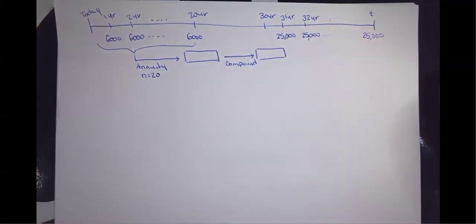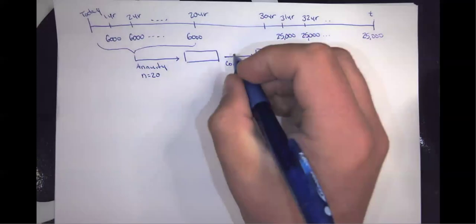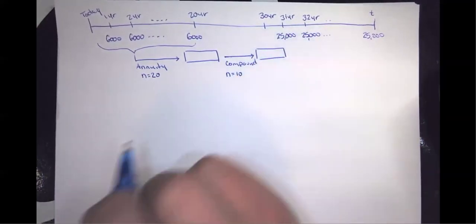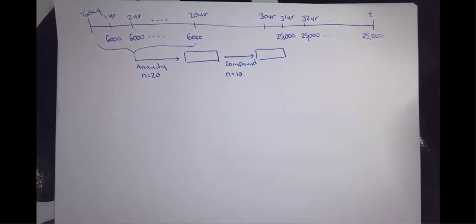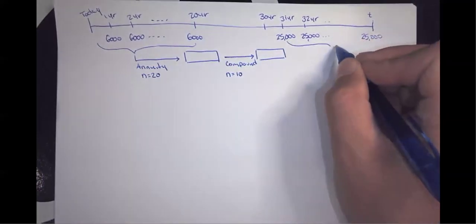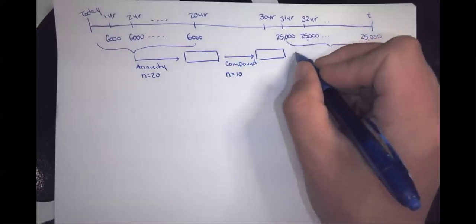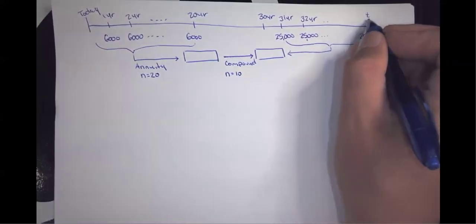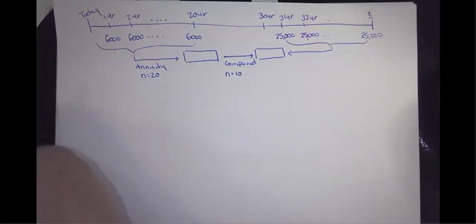Now our rate here is compounded annually. So we've got 10 years times 1 compound per year, so 10 total compounds. And then this amount feeds these $25,000 withdrawals up until a certain time T. We don't really know what that time is just yet.